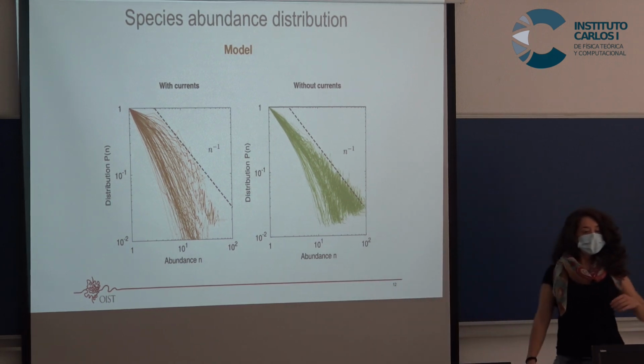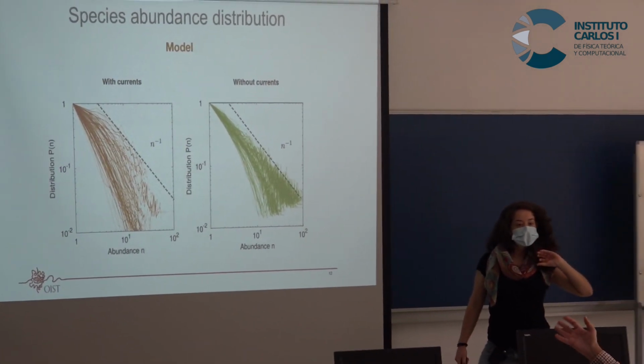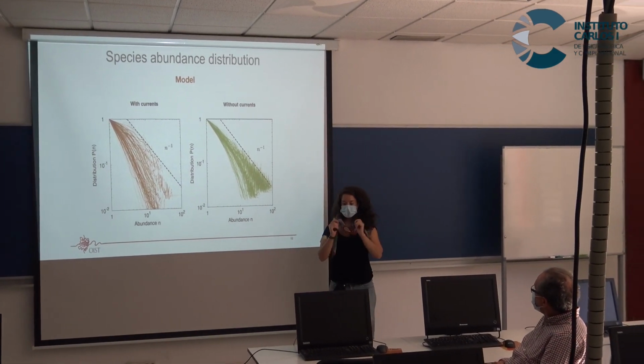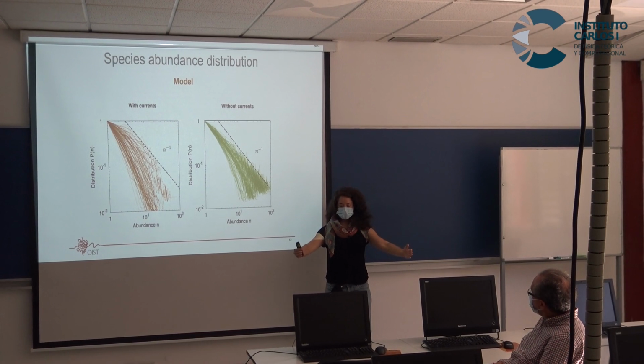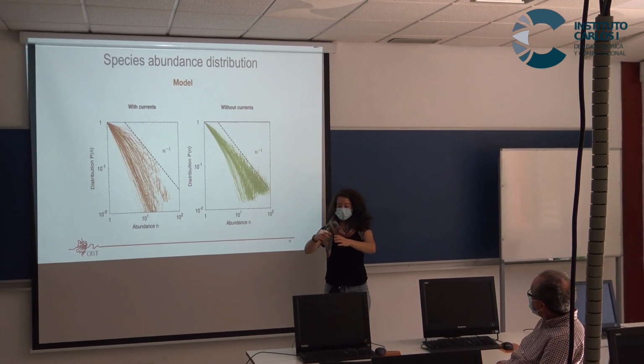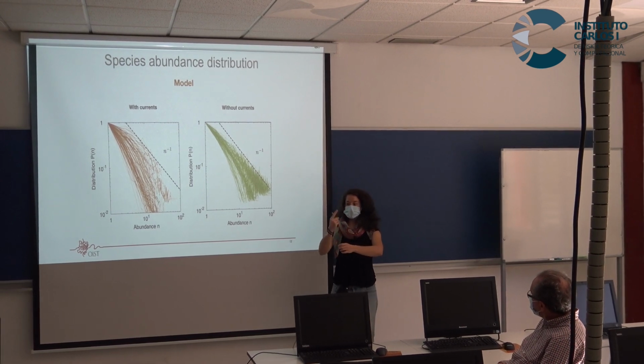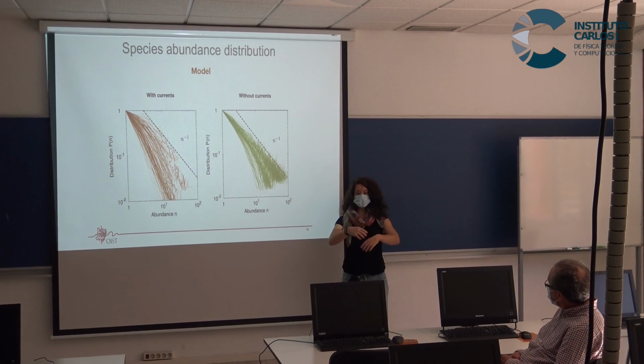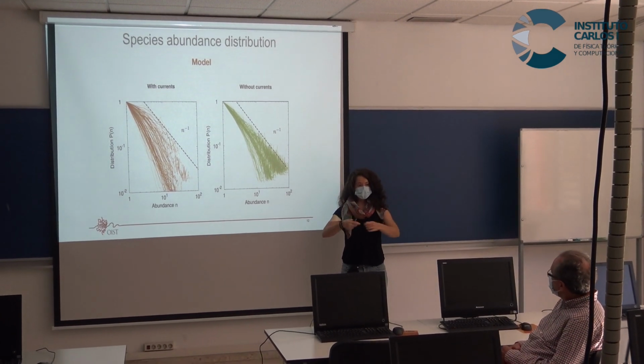I missed something. How do you measure abundance? Abundance. Basically, we have our sample, and each individual is assigned to a species. So species 1 will have 2 individuals, species 2 will have 5, and so on.